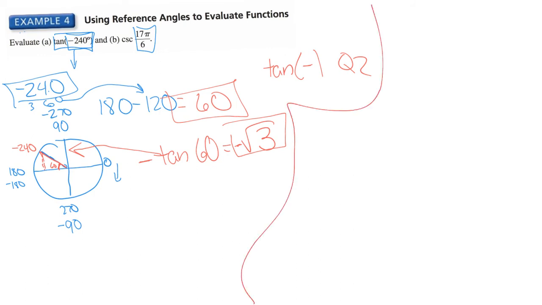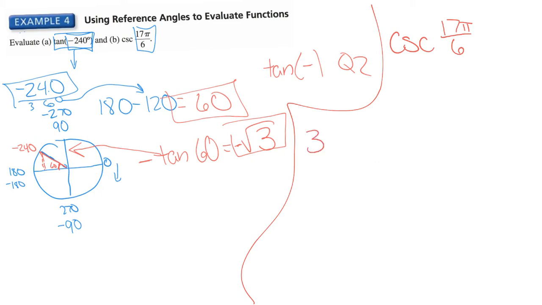Okay, so we did that one. It's my beautiful straight line. We're going to do cosecant of 17 pi over 6. First thing we need to do is see what it's coterminal with. I'm going to help you out, and instead of having to draw, we're going to see if we can subtract 2 pi and see if that works.